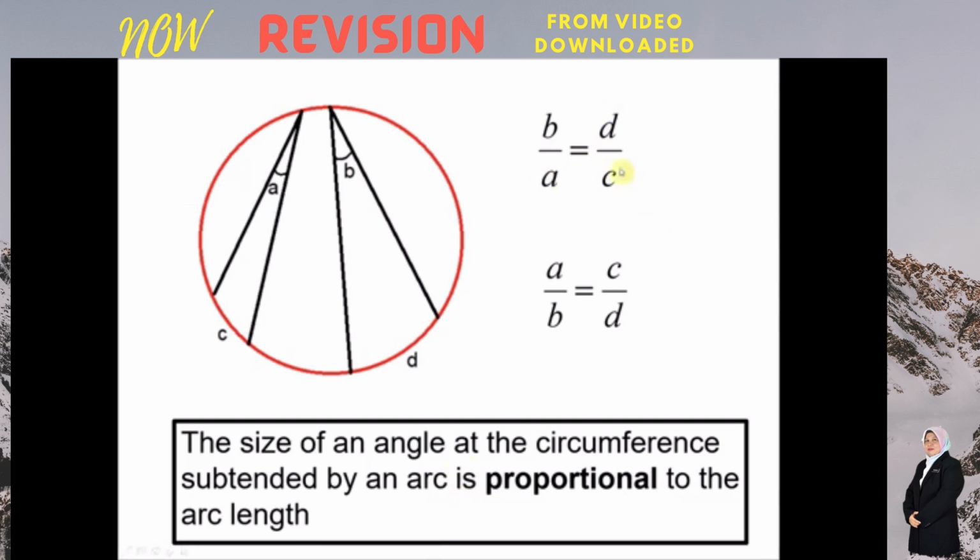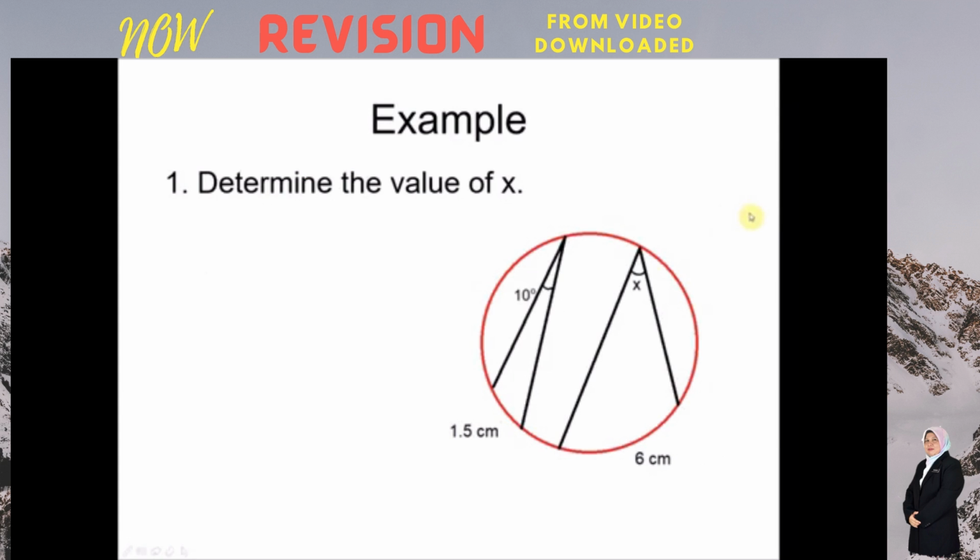Okay, so maybe you're still blurred with this. We try the examples. Example number 1. Determine the value of x. Given a circle here, when the angle subtended by an arc of 1.5 centimeters is 10 degrees, what is the value of the angle when it is subtended by an arc of 6 centimeters?